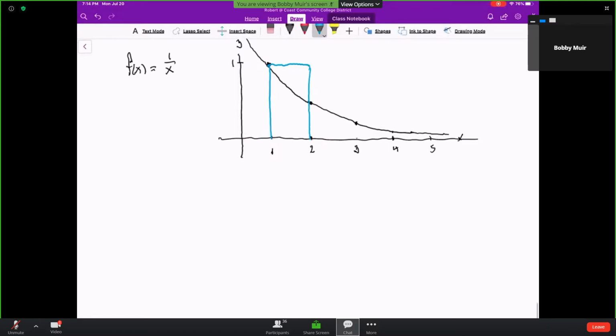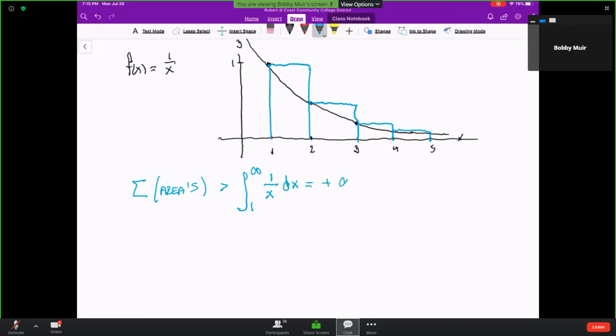Then I'll do the rectangle like this, and then this one, and another rectangle like that. Now I think we can clearly see here that if you add up all of the areas, it's going to be bigger than the integral from 1 to infinity of 1 over x dx, which we found out diverges.